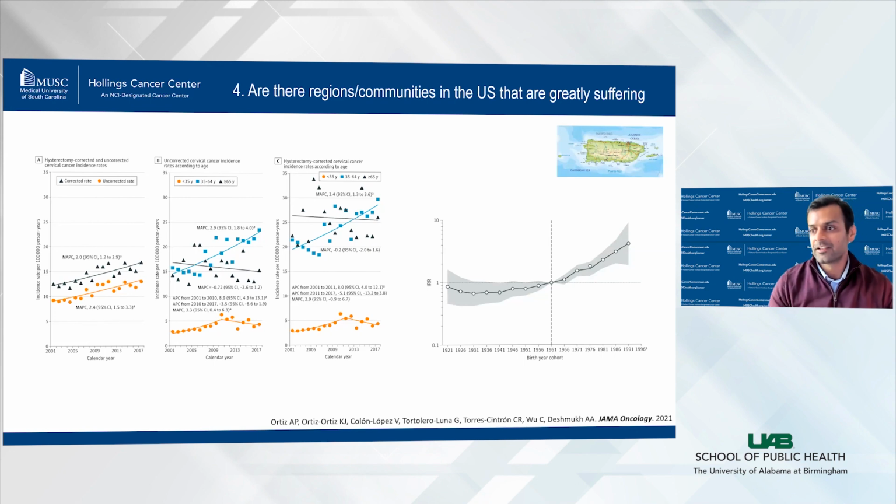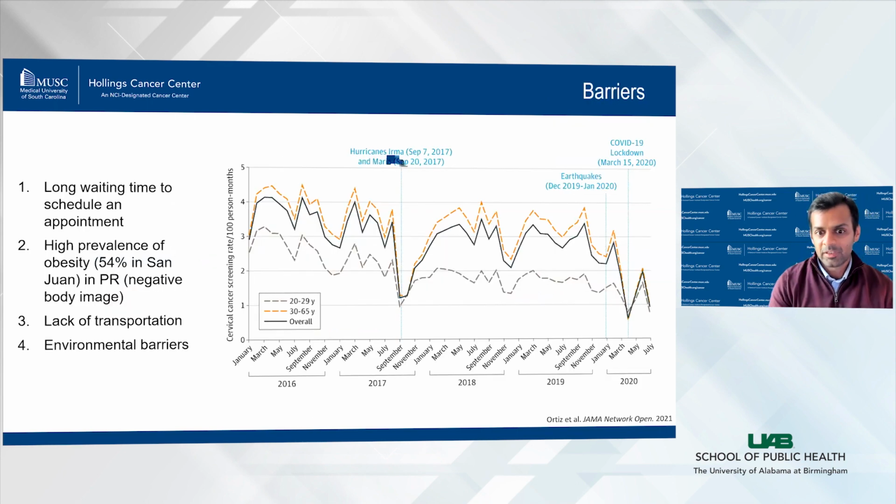There are substantial disparities in cancer prevention, and the disparities have magnified over the last few years substantially. In Puerto Rico, as opposed to the national pattern, cervical cancer incidence has been increasing very rapidly over the several years.